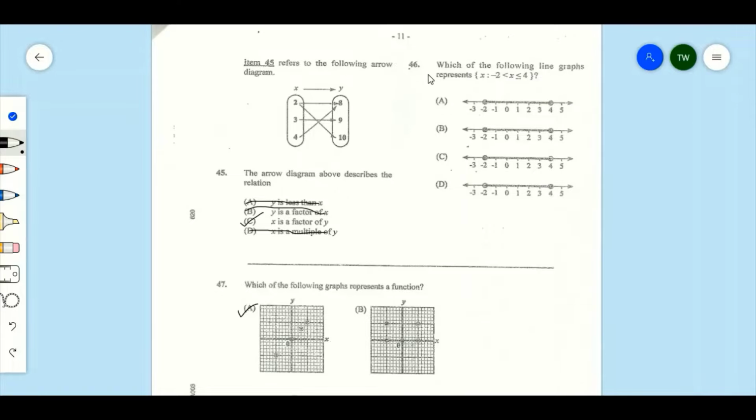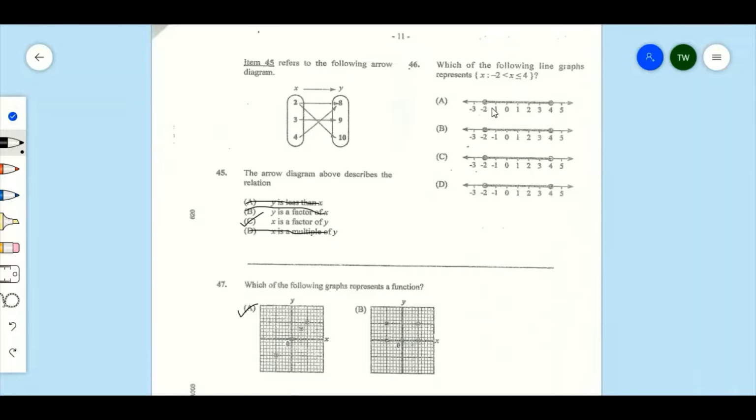46 says, which of the following line graphs represents the set of all x's such that x is greater than minus 2 and x is less than or equal to 4.